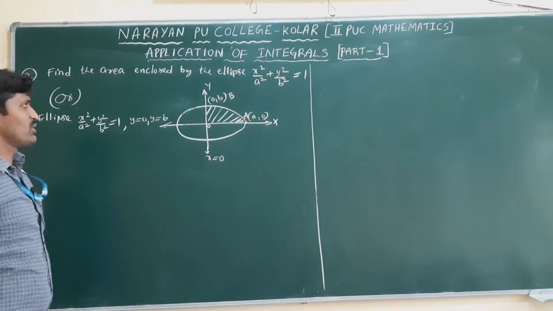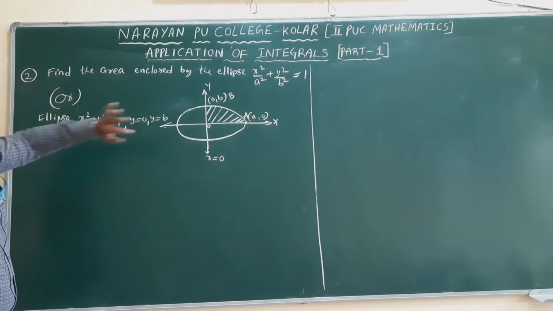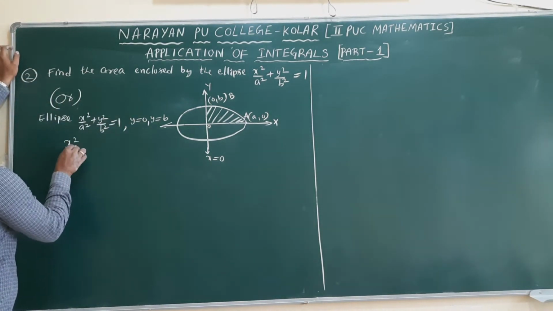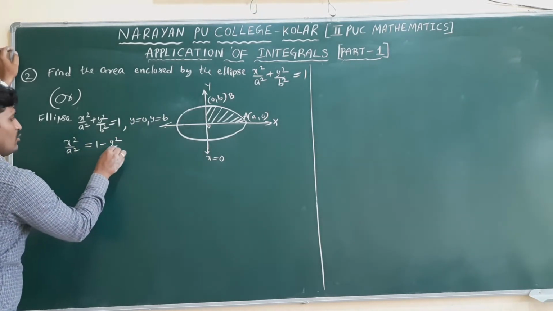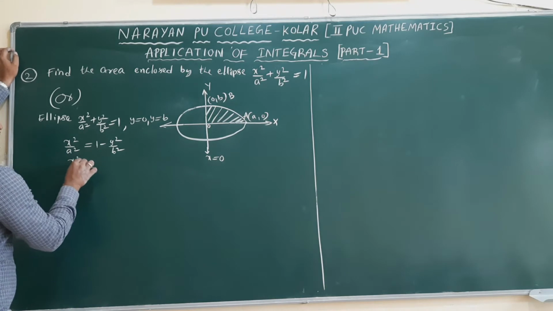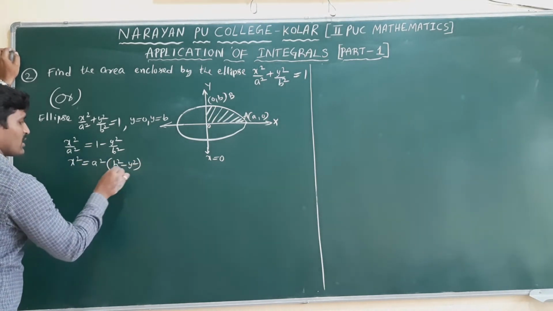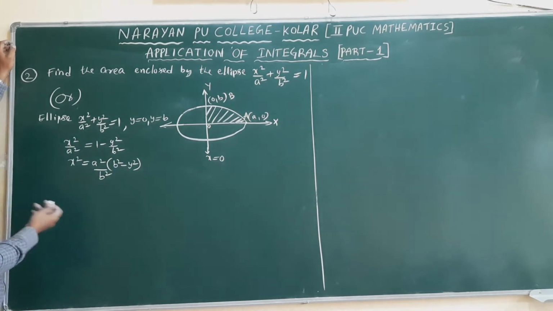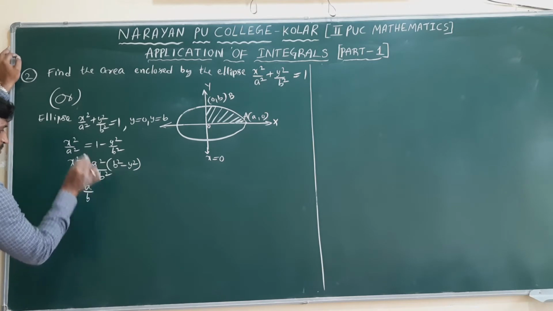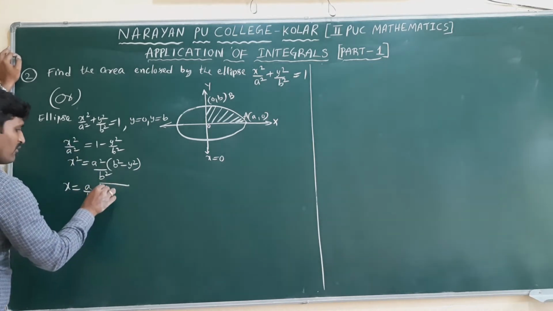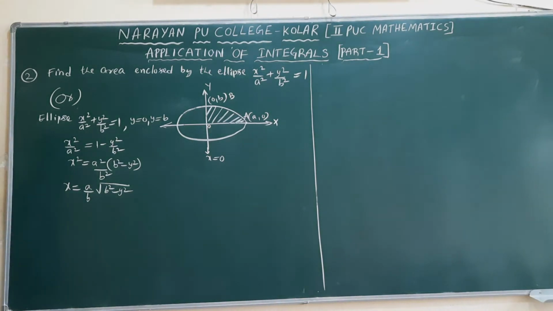Whenever we take it with respect to the y-axis, meaning y limits, we need to convert x in terms of y. That means x square by a square equals 1 minus y square by b square. x square equals a square into, taking LCM, b square minus y square by b square. The LCM term is b square. Now from this, sending the square to that side, x equals root of a square by b square, that is a by b, root of b square minus y square.